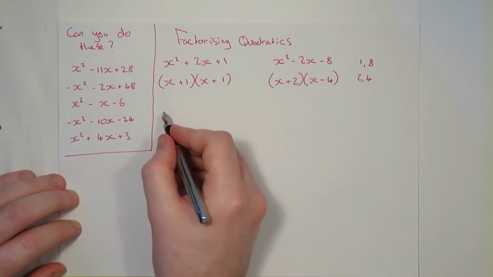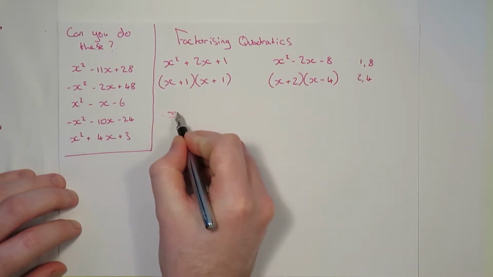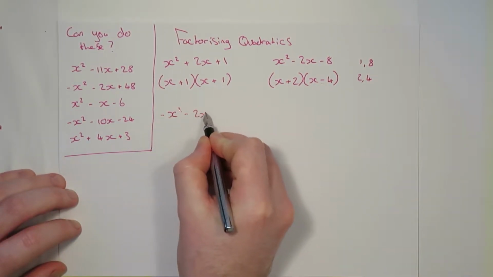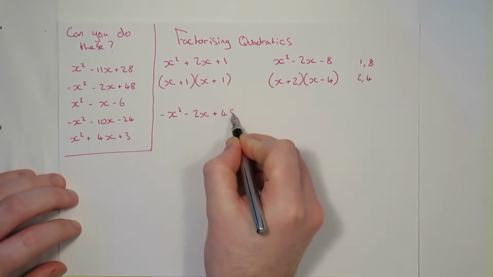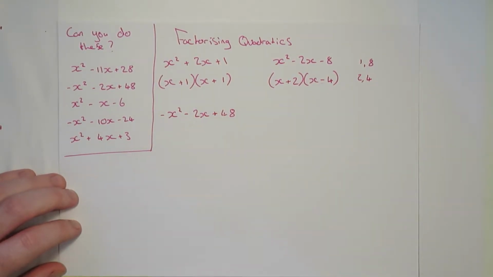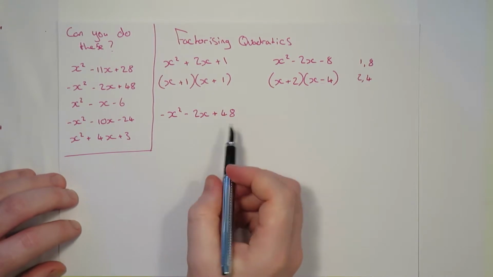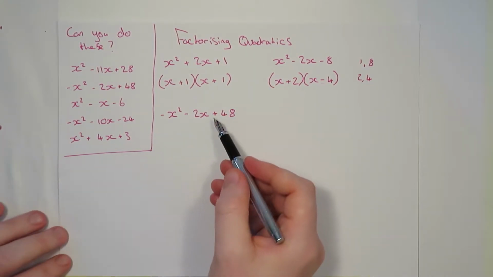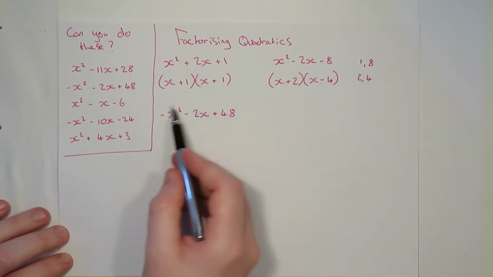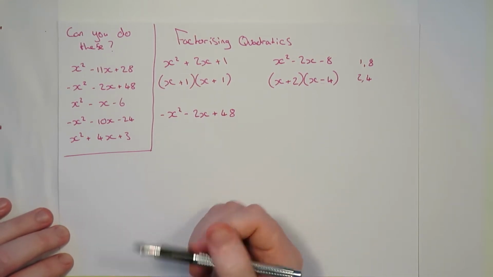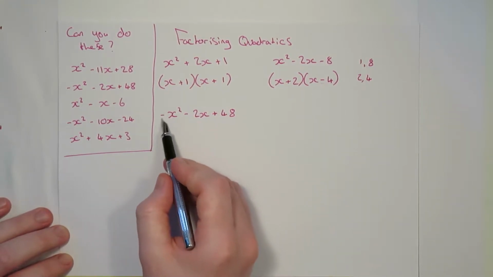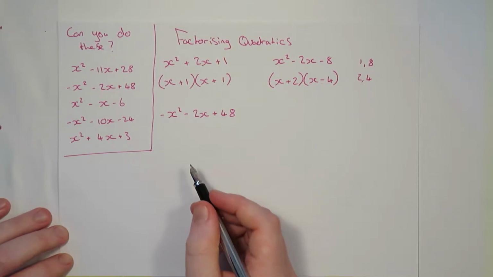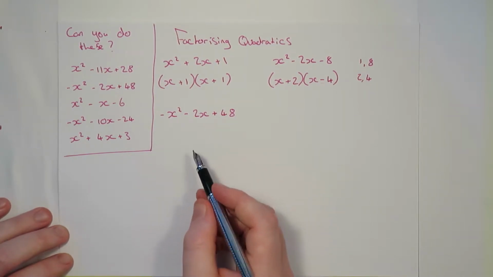Now in this video we're going to look at examples like this. So, sorry, I've still got a bit of a cough. So in this video, this is going to be the main focus, where the coefficient of the x squared term is negative 1.